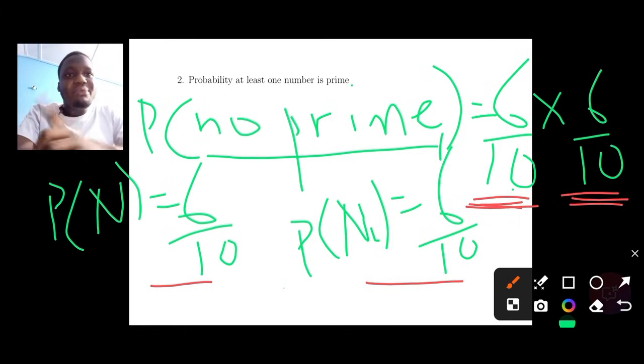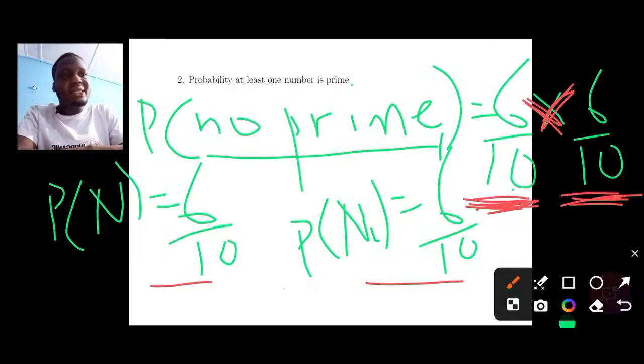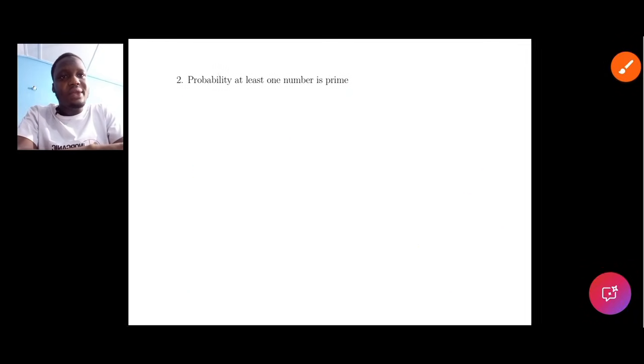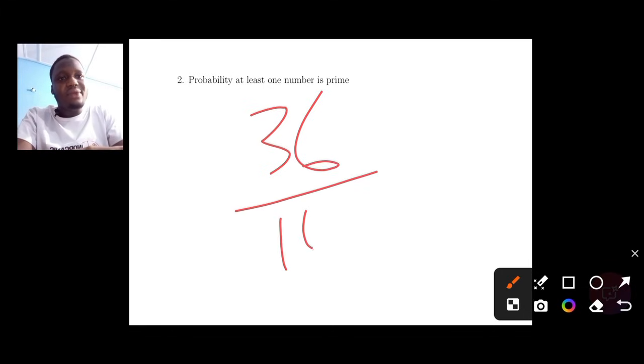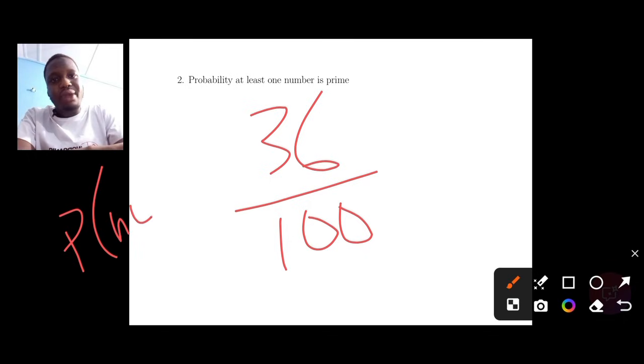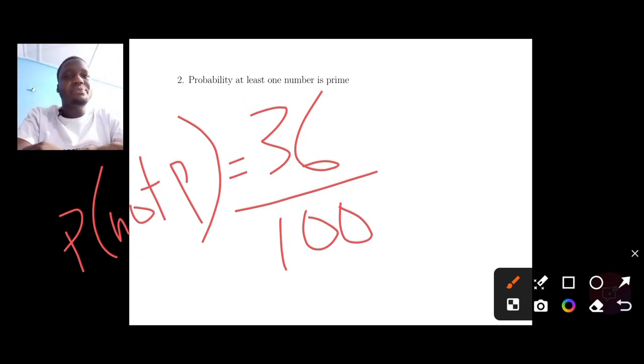So for probability of not getting prime in the 2 of them is 6/10, that is not getting prime in the first one, and here is times, and not getting prime in the second one. Okay, giving us 36 out of 100. Remember, this is the probability of not prime, or none of them is prime.